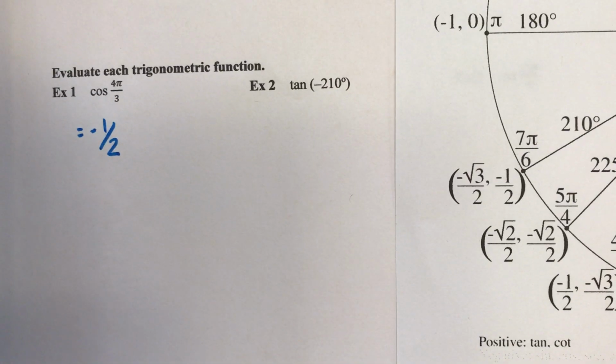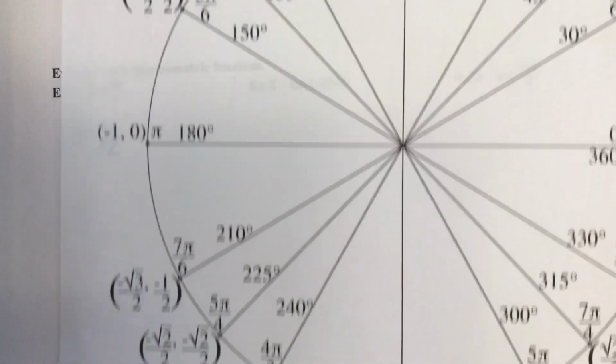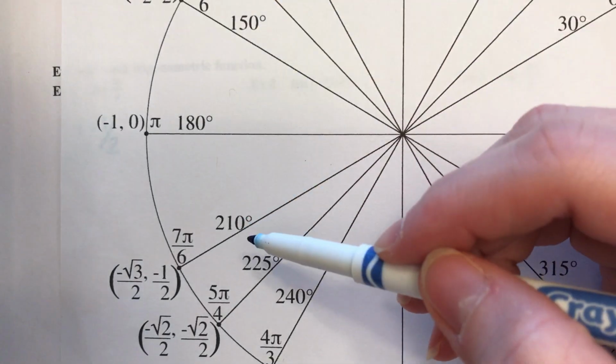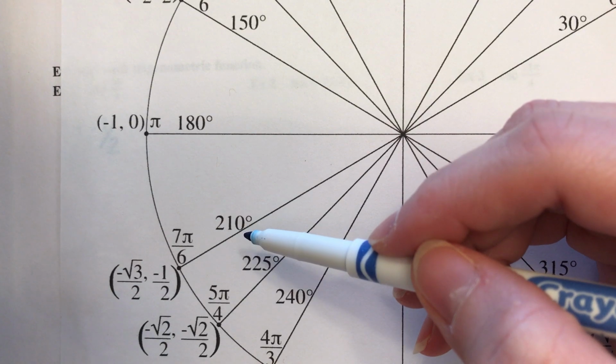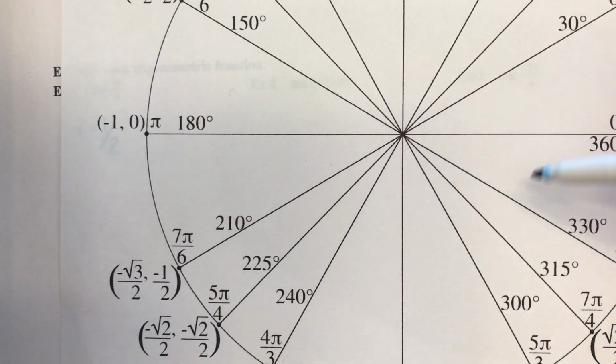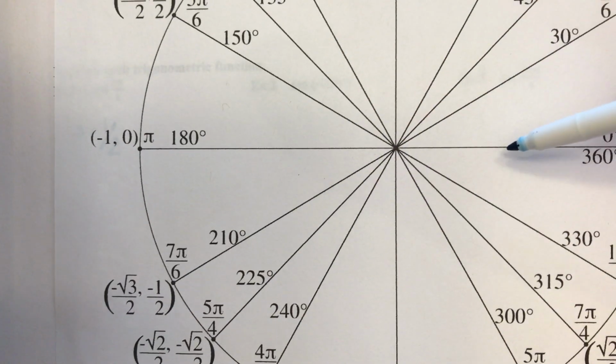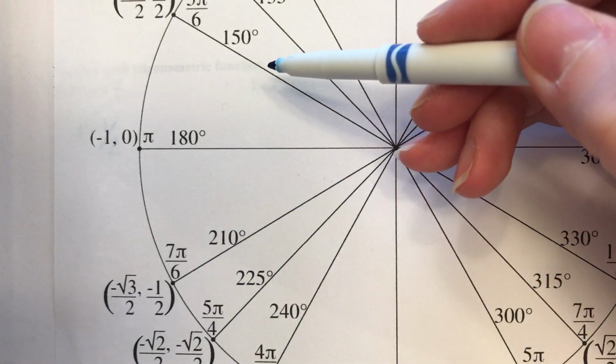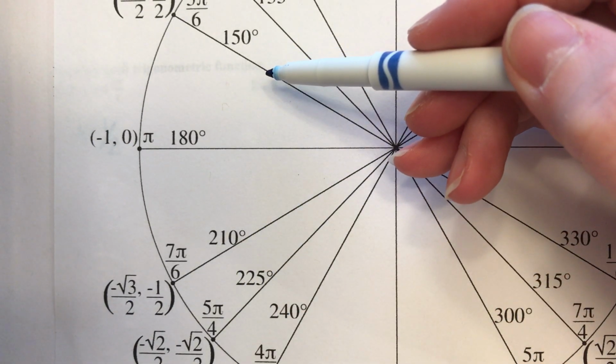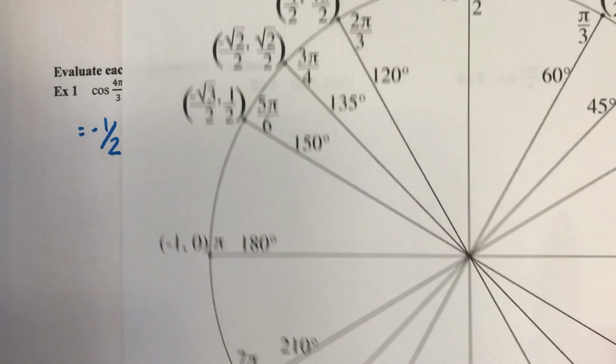Number 2, tangent of negative 210. So I'm going to use my unit circle. Now normally 210 is in the third quadrant. That's 7 pi over 6. If I'm going negative though, I'm going to go that same distance, but in the opposite direction. So that would put me at 150 instead. So my question is the tangent.